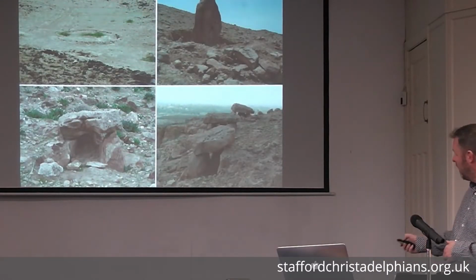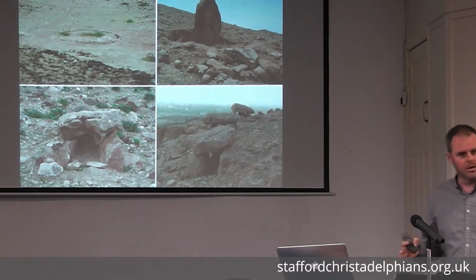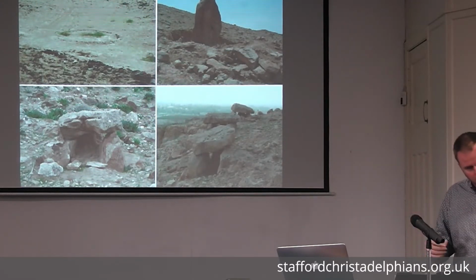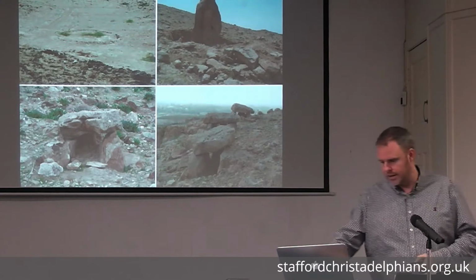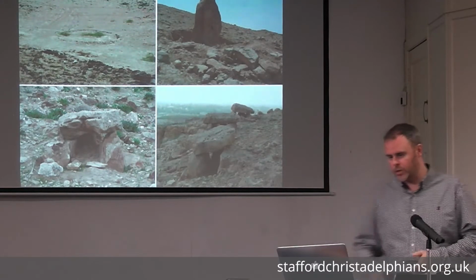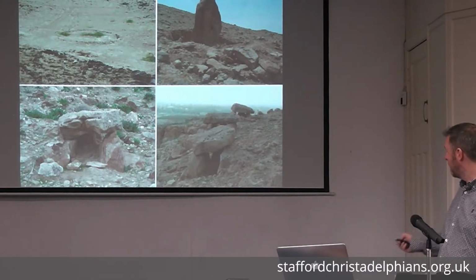So you can see a very substantial and probably wealthy, given its position on the trade routes, a very substantial, wealthy and fertile area, a fertile civilization, which was able to spend its time making these dolmens as well.